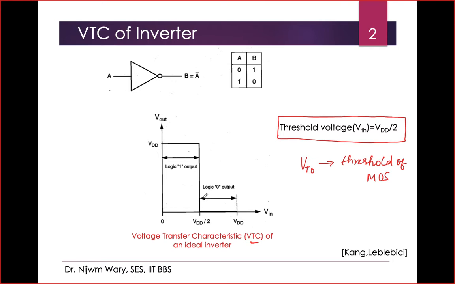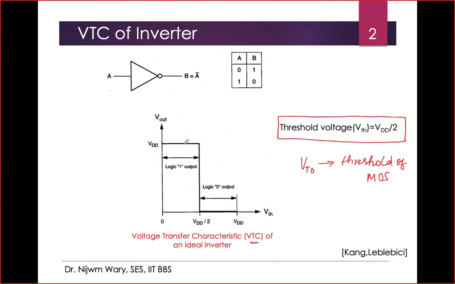Now based on the type of inverter that we design, these characteristics will vary. This is for an ideal one, but depending upon the type, we'll see what are the different types of inverter, these characteristics may vary.